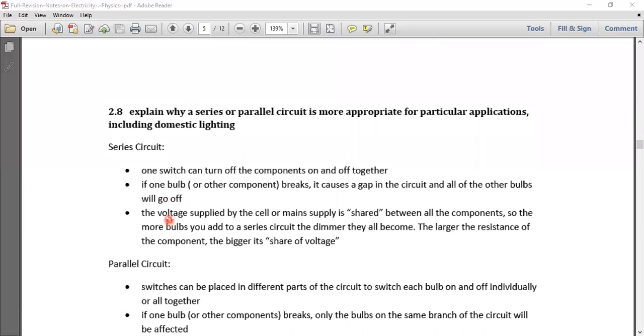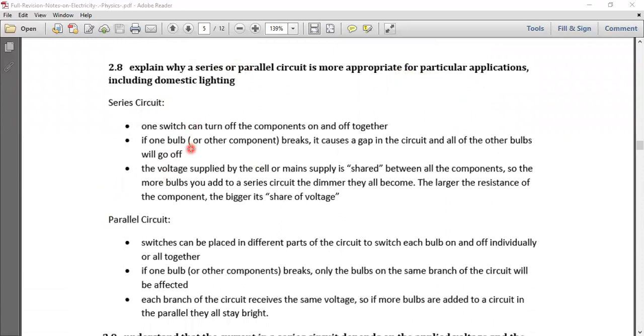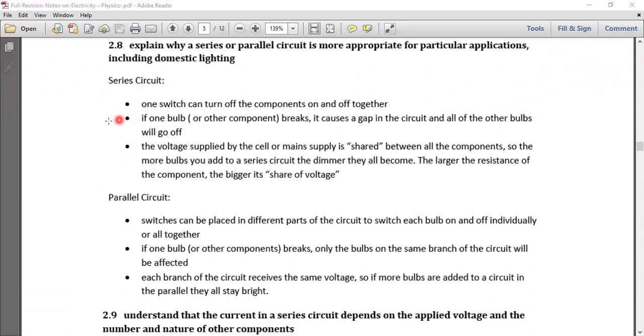Now come to the point, that is the series circuit and parallel circuit, to explain why a series or parallel circuit is more appropriate for a particular application, including domestic lighting. So there are two kinds of circuit, one is the series circuit, another one is the parallel circuit.